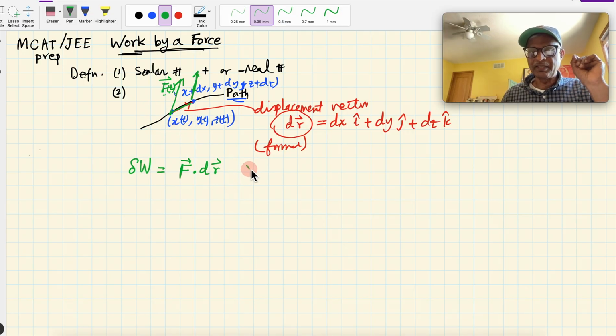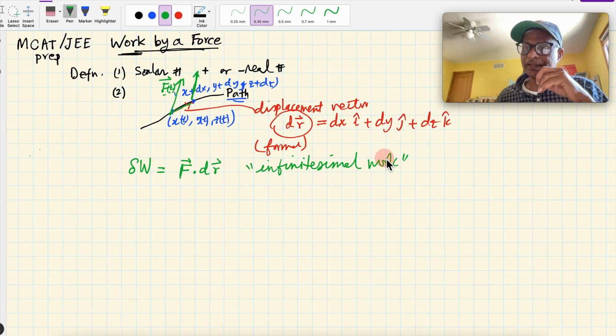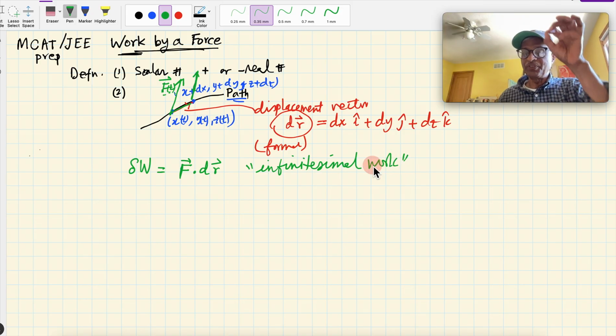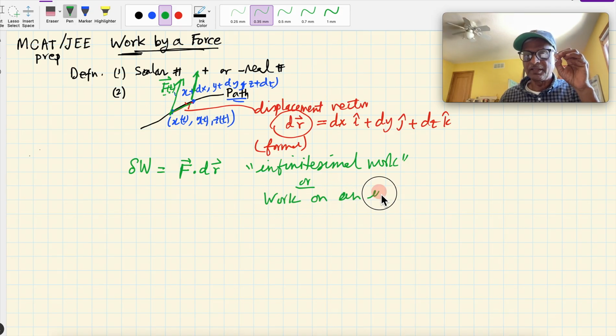So this is kind of like an infinitesimal work, or you can say work on an infinitesimal path.